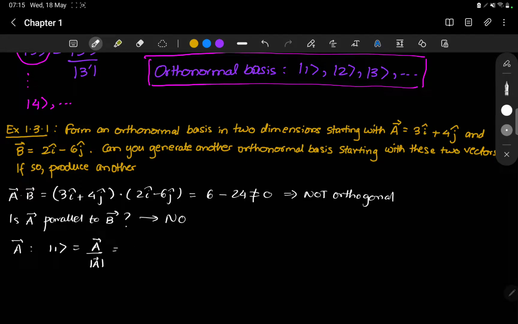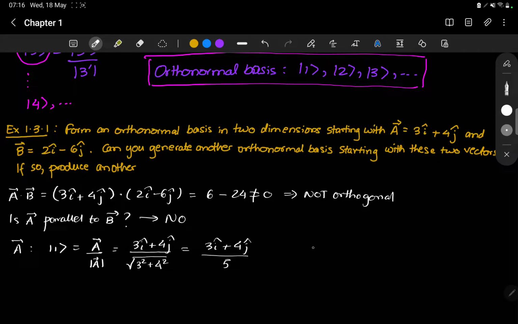So that gives us 3 i cap plus 4 j cap divided by the magnitude, that is the square root of 3 squared plus 4 squared. This is nothing but 3 i cap plus 4 j cap over 5.